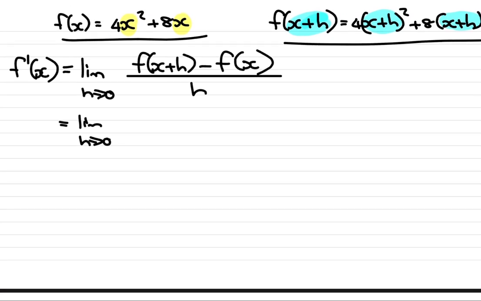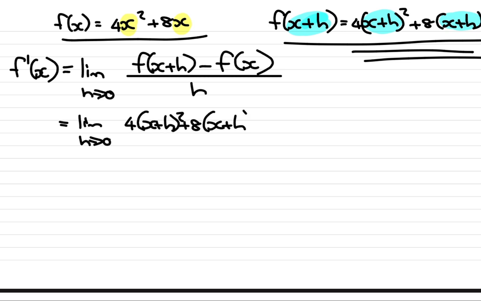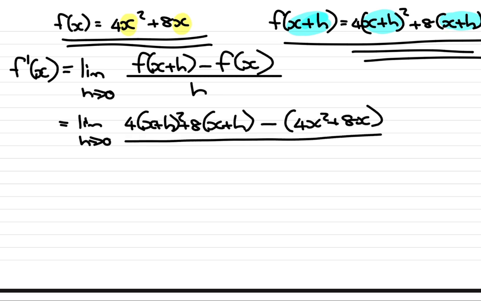f of x plus h is this value over there. So it's 4 times (x plus h) squared plus 8 times (x plus h). And then I'm subtracting my original function, which is 4x squared plus 8x. Remember to put the original function that you are subtracting into a bracket, because it's a binomial and you have to put a binomial in a bracket.